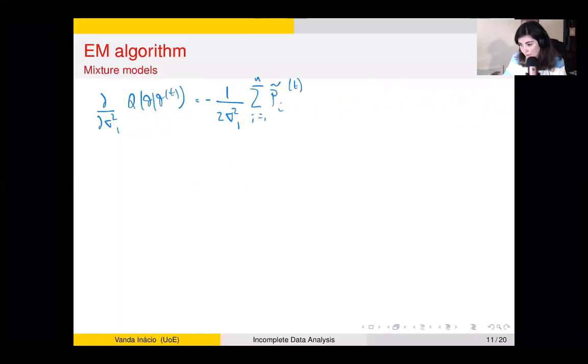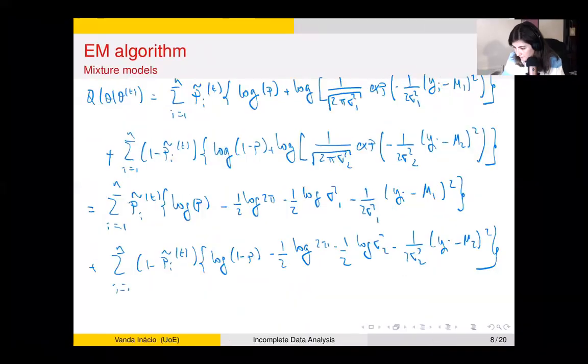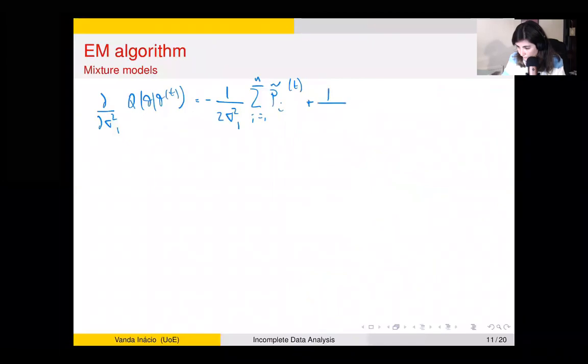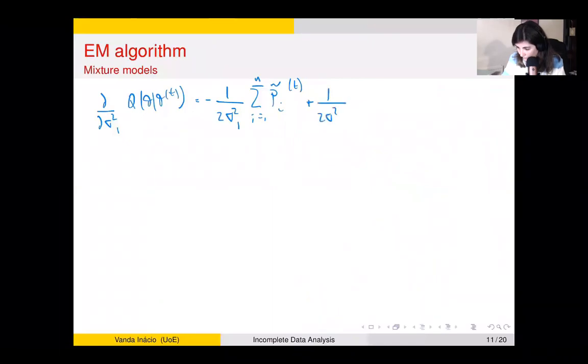And then I have -1. Let me just look at it. Plus, sorry, it's to the power of 4.